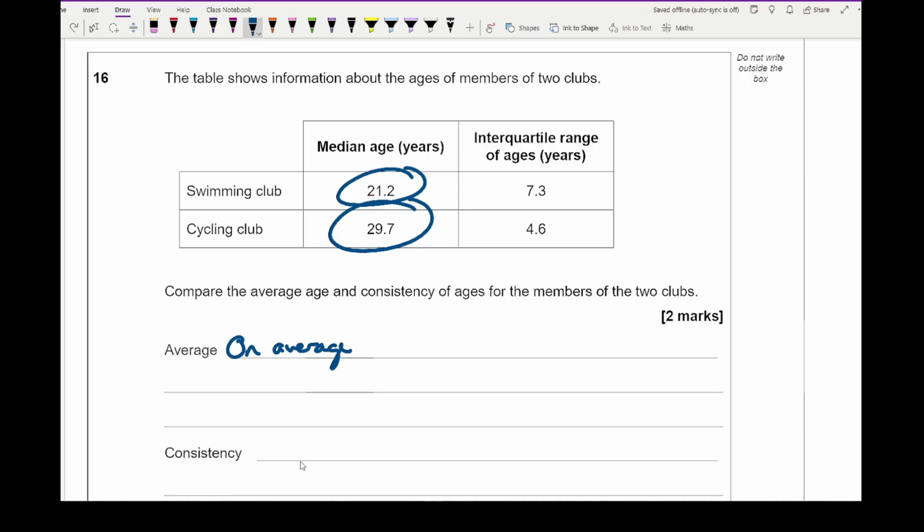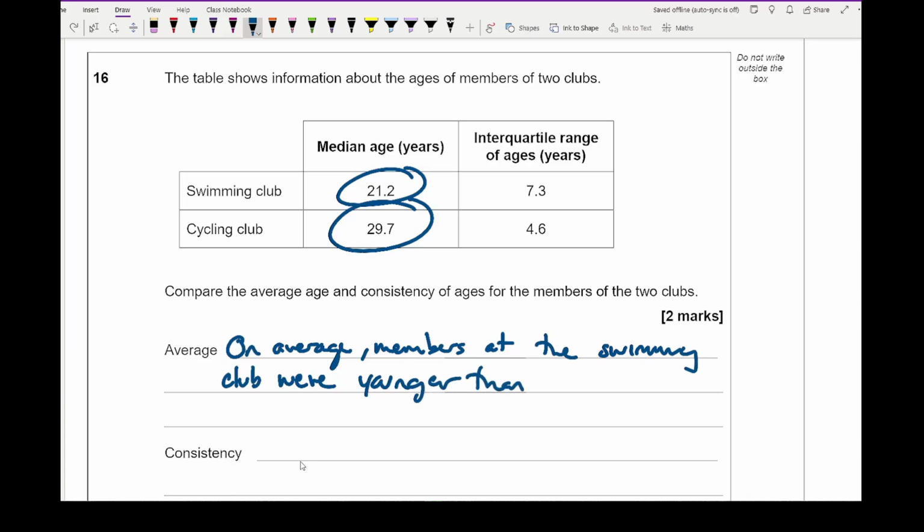So on average, members at the swimming club were younger than those in the cycling club.